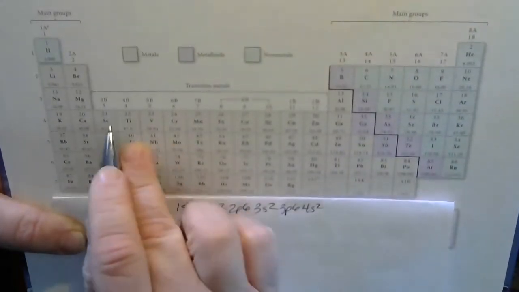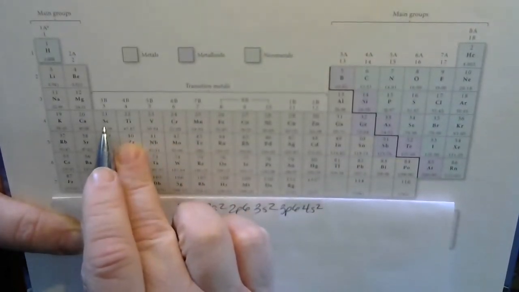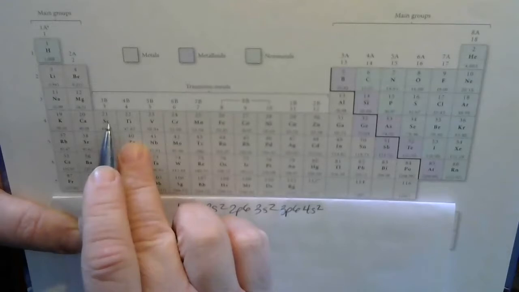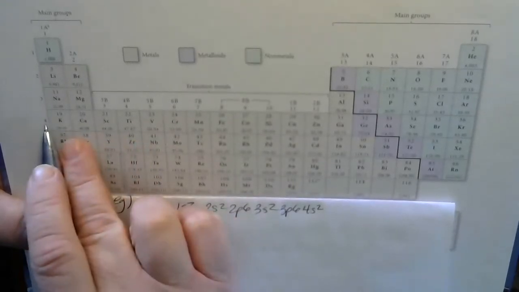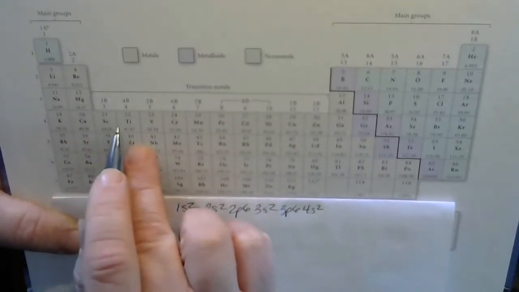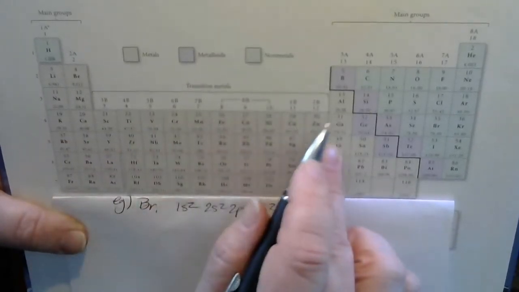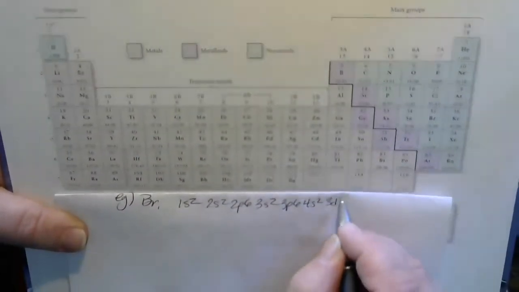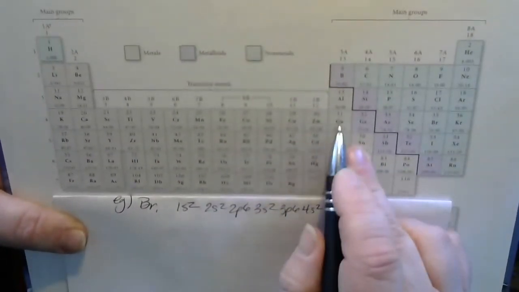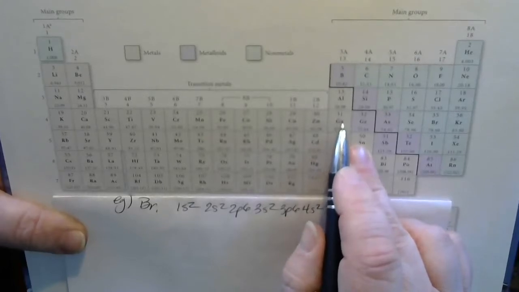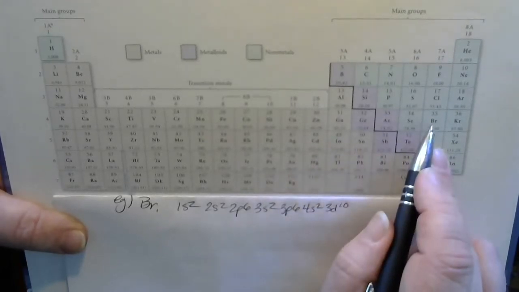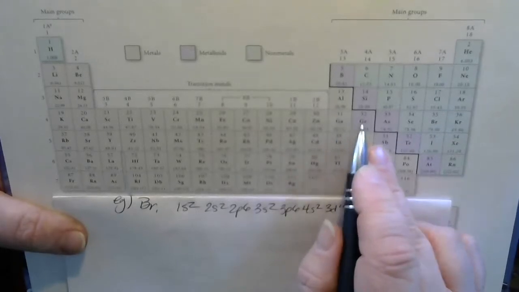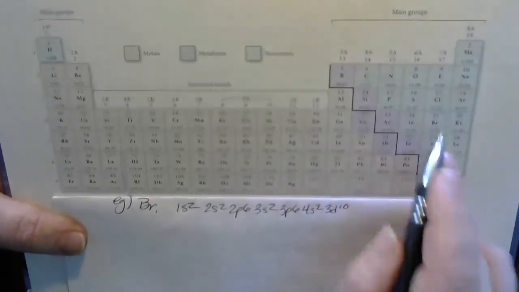Then we come to the d block, and you just have to remember that for the d block, the n quantum number is always the period number minus 1. So these are going to be 3d, and there are 10 of them. We're past it, so it's going to be 3d10. Then we get to 4p. Now notice bromine is within the p block of the 4th period, so it's going to be 4p, 1, 2, 3, 4, 5.